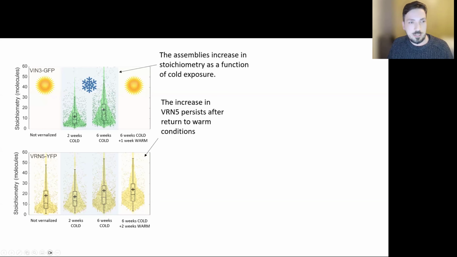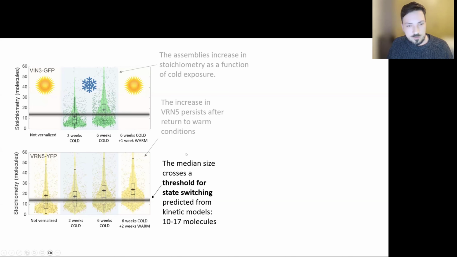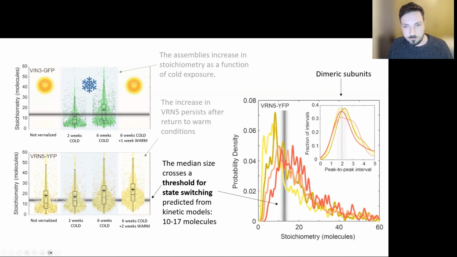Vin3, on the other hand, increases transiently and then drops away. So this threshold for state switching that was predicted by the model, this is actually in exactly the right range that was predicted by Martin Howard's group.